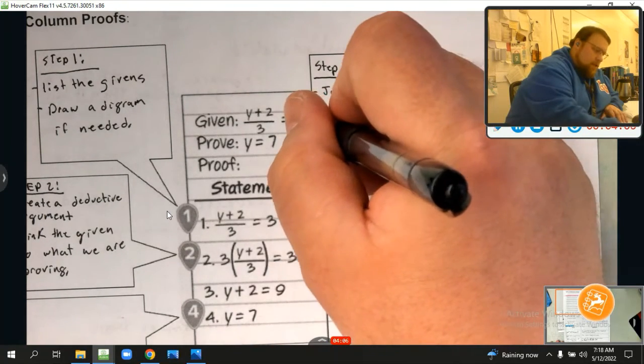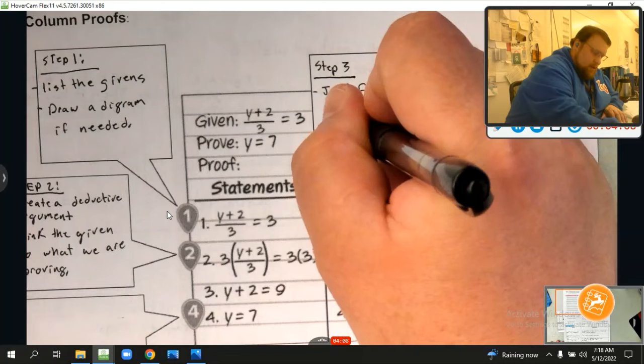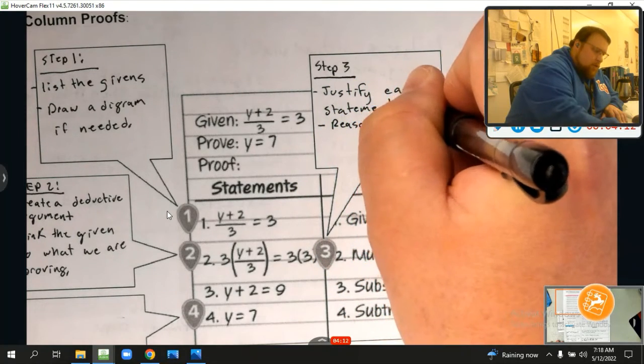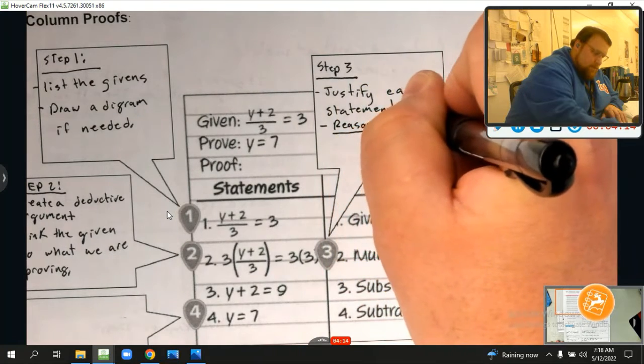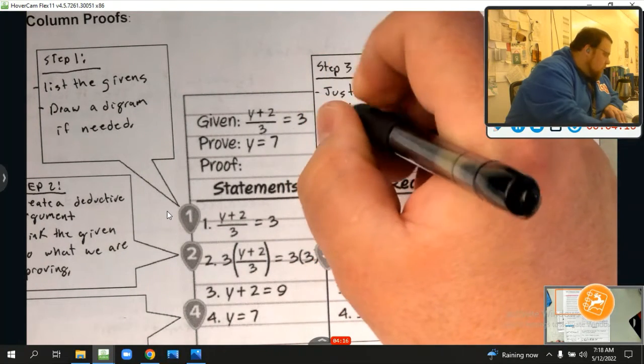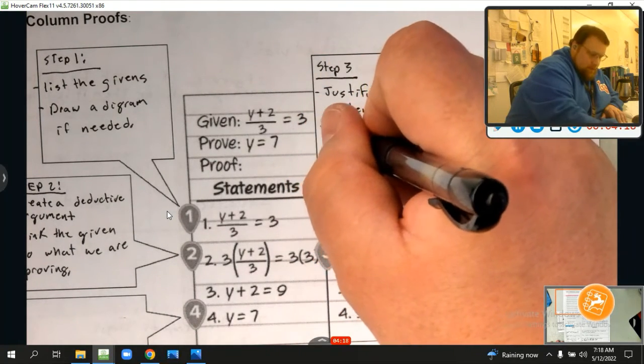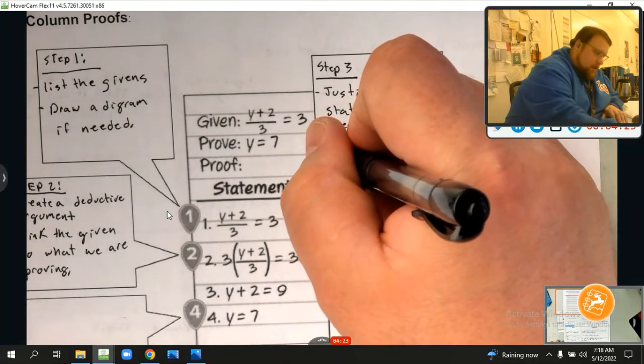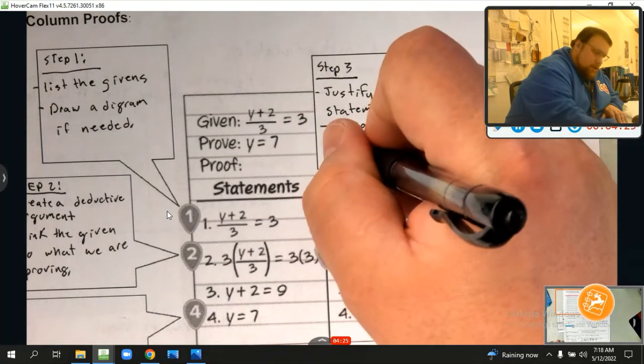And what do our reasons include? Things we can use for our reasons are definitions. Anything that's defined, we can use that. We can use postulates.